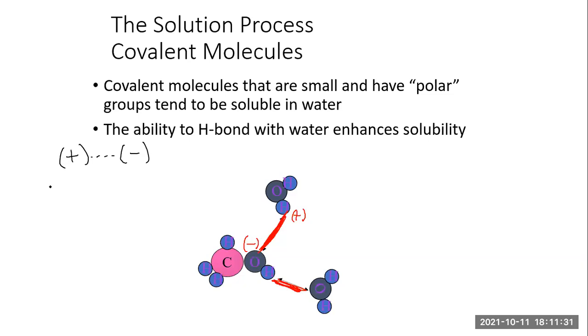This is what is sometimes referred to as intermolecular forces, the forces that hold one molecule together with another. So here's methanol, which also has that OH group, which is negative and positive. It allows the negative oxygen to bond with the positive hydrogen in one, and the positive hydrogen in the other is allowed to bond with the negative oxygen in another, and again, makes it very soluble.